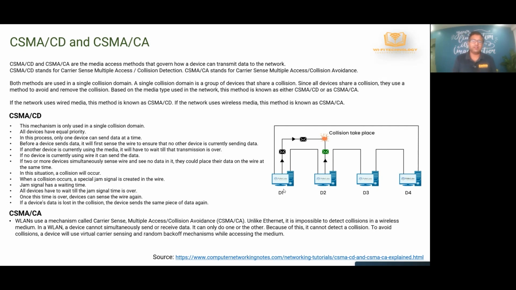Wi-Fi, on the other hand, does not rely on being able to detect collisions, because when a transmitter is transmitting to a receiver over the air, and there is a collision somewhere in the air, there is a good chance that the energy might not be detected by the transmitter. So you might not be able to detect a collision very easily over a wireless medium, right?